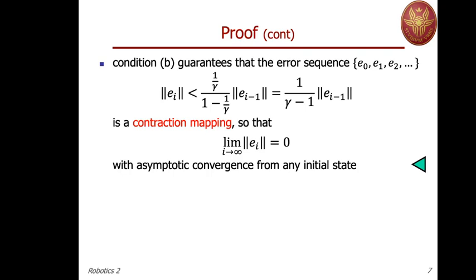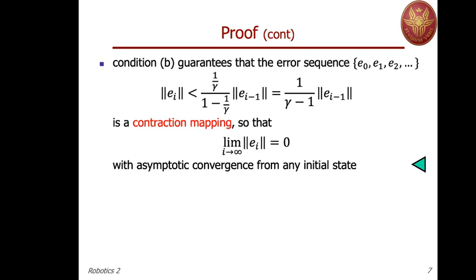So the second assumption, which says that gamma should be larger or equal than 2, means that 1 over gamma minus 1 is less or equal than 1, and since the error at the end of the ith iteration in norm will be strictly less than this, it will be strictly less than 1 times the previous error.